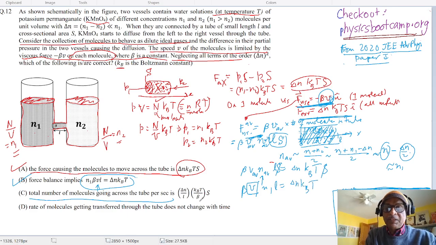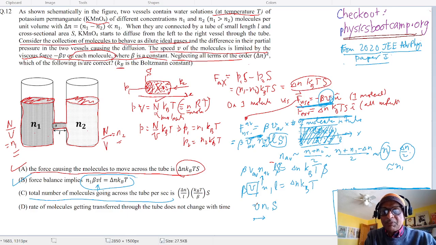So if you have a V, this is the speed at which a molecule is moving, and how many total molecules, we just have to multiply by n1. In the same approximation, the average n1, and how many are going per unit time, multiply by the cross section.